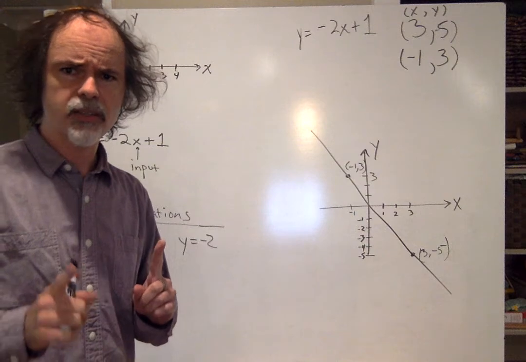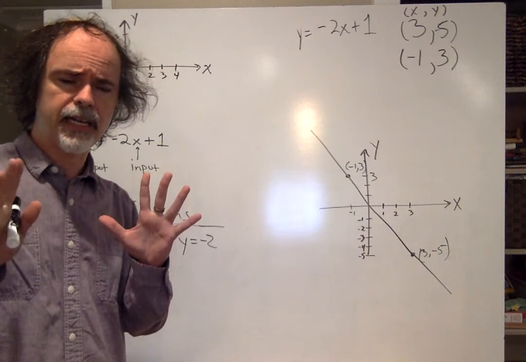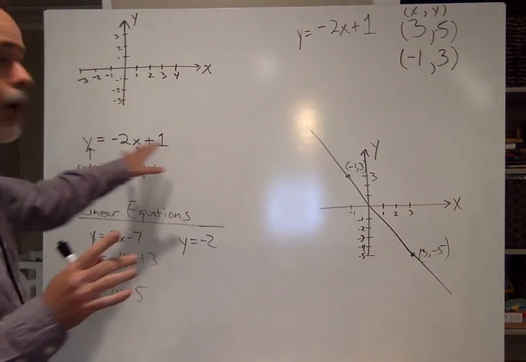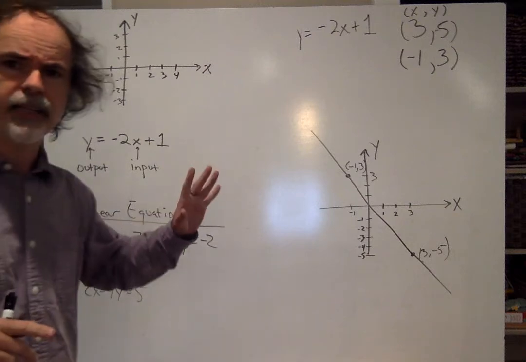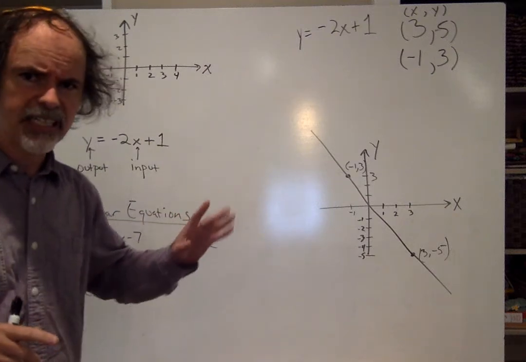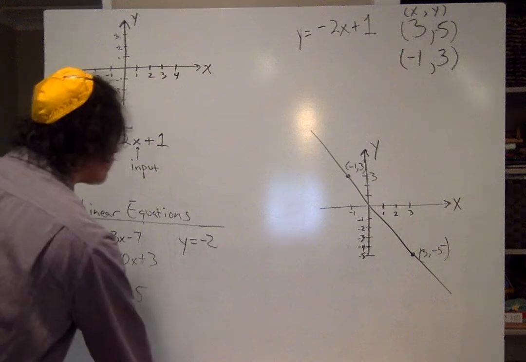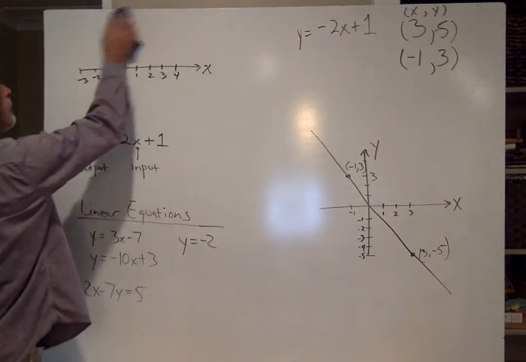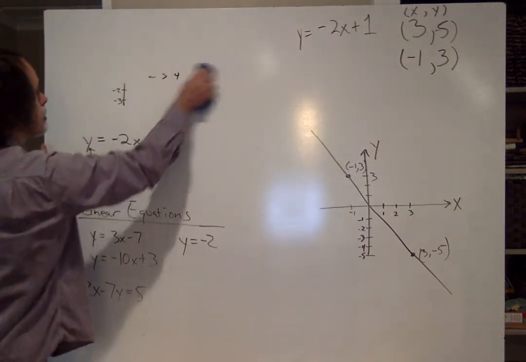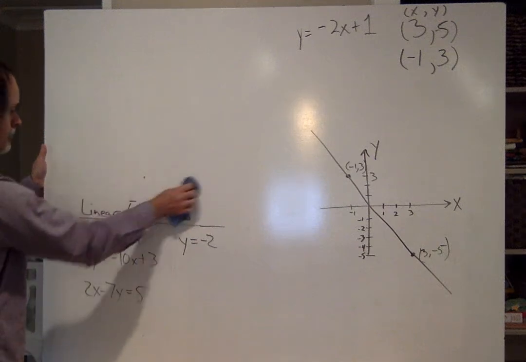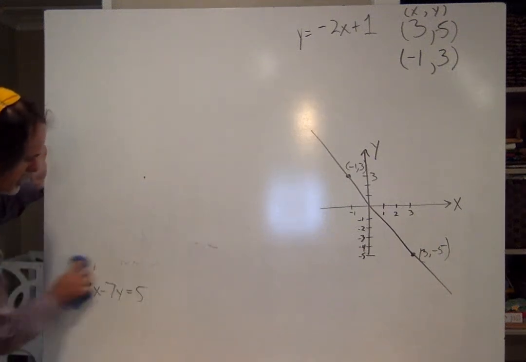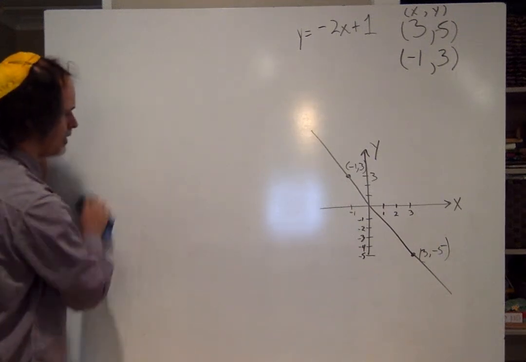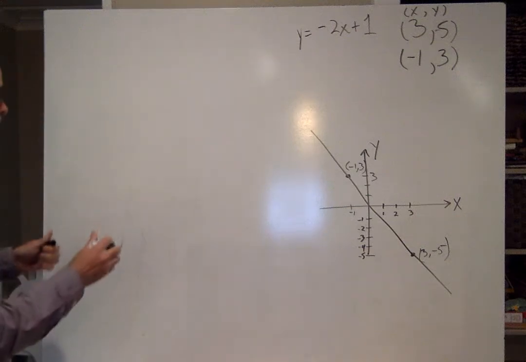Some of these aren't set up perfectly to have y equals. And there can be a bit of an easier way to do this, if it's not. So I'm going to write one of these down.